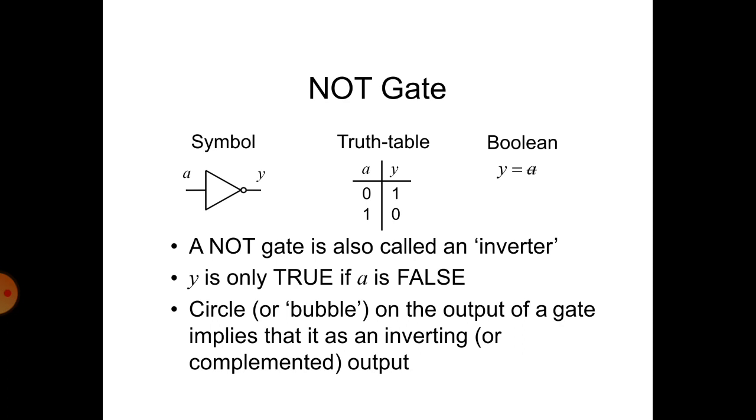Y is only true if A is false. A circle or bubble on the output of the gate implies inverting, or a complemented output.